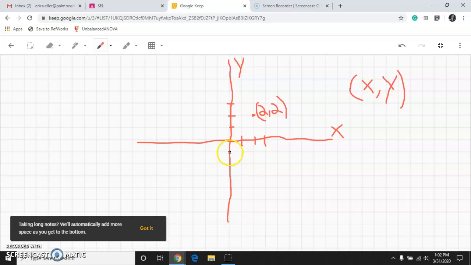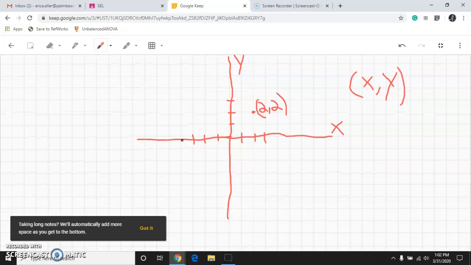Now, if I were to want to go to this side of my graph, remembering that x is still always first. So if I wanted to mark -4, I would have to go negative. So this is -1, -2, -3, -4, and then up 1.